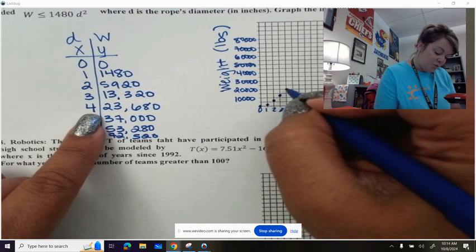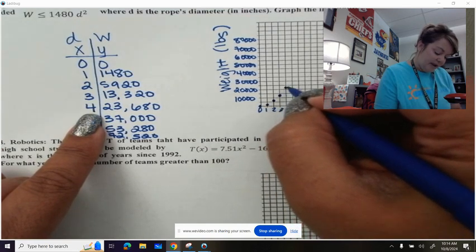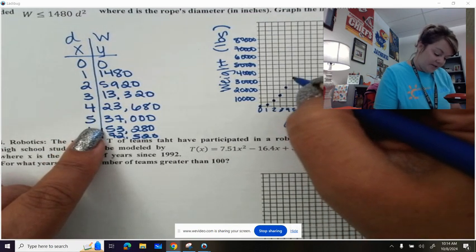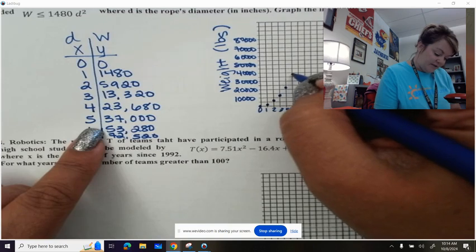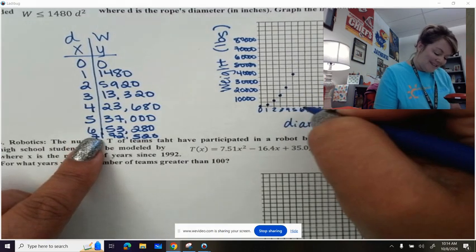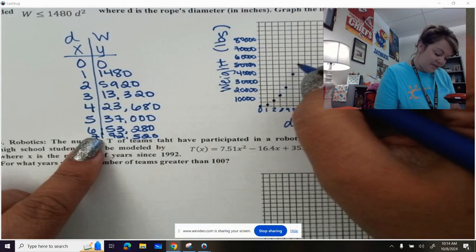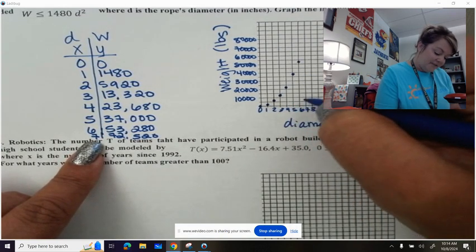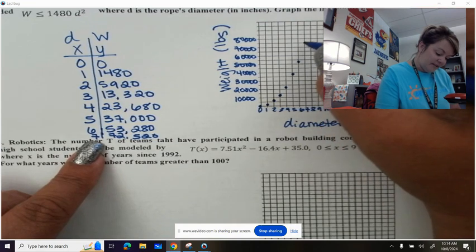So if this one's 20, 23 would be about right here. 5, I'm at 37,000. So here's 35, 37 would be almost to 40. 6, I'm up at 53,000. So here's 50, 53, because I'm not quite to 55. 7, I'm all the way up here at 72,000. So not quite to 75.